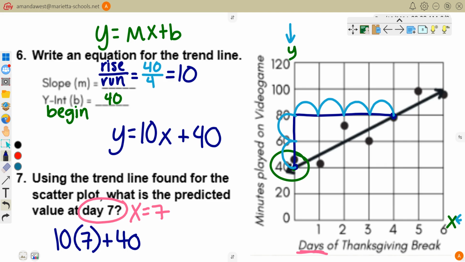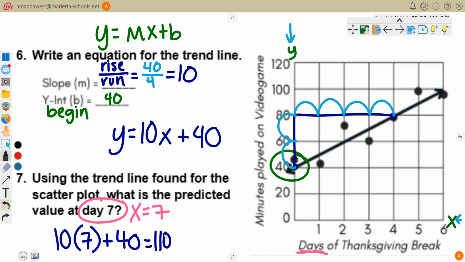I'm going to go back to my Desmos, clear it, and say 10, parentheses, 7, close my parentheses, plus 40. I get 110.